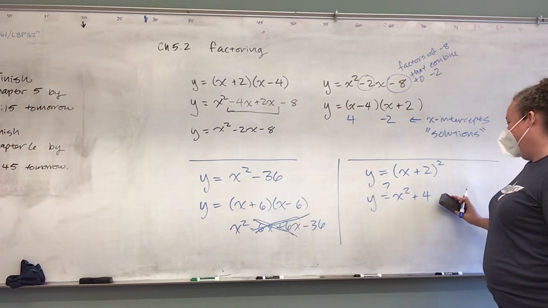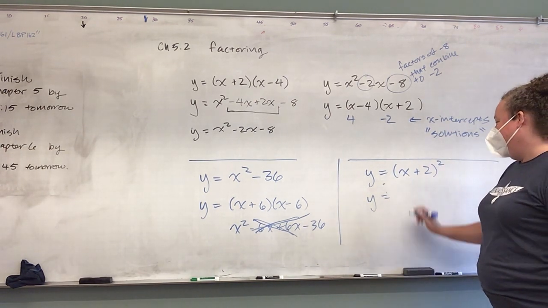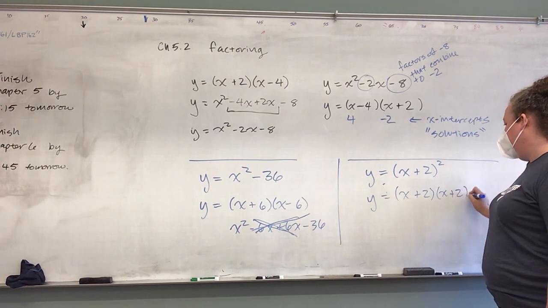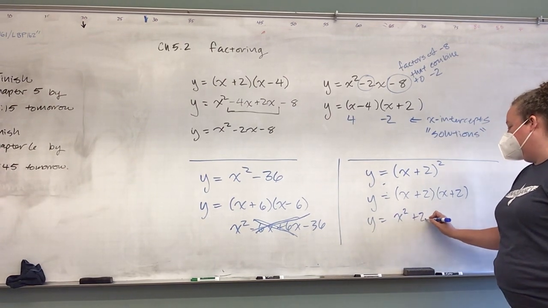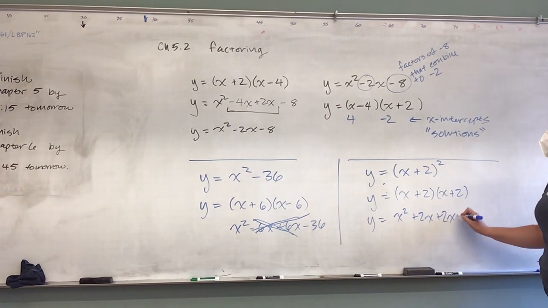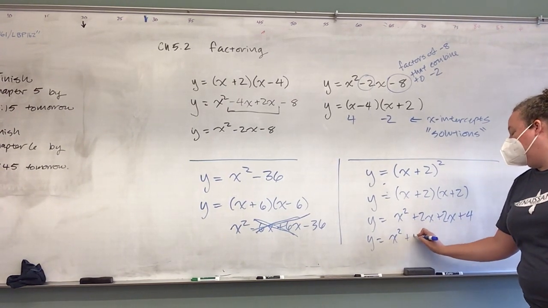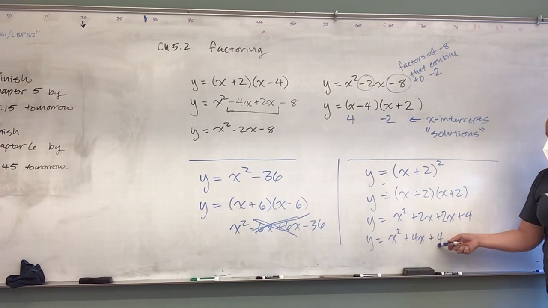It's going to be x plus 2 in parentheses times x plus 2. That's right. And when we do that, we are going to end up with an x term. We're going to have x squared plus 2x plus 2x plus 4, or in this case, x squared plus 4x plus 4. These two numbers aren't always going to match.